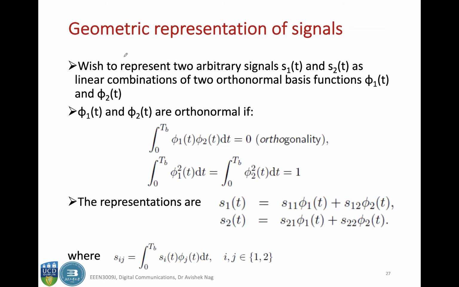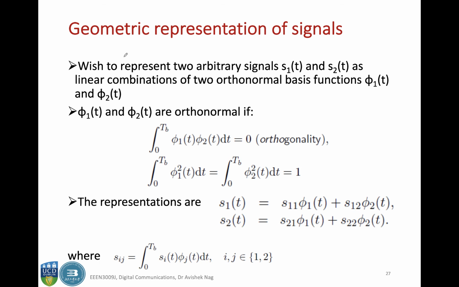Now let's focus on the binary digital communication scenario where we had two signals s1(t) and s2(t). Let's consider any two arbitrary signals s1(t) and s2(t). You saw in case of binary amplitude shift keying, s1(t) is 0 and s2(t) is V sin(2π fc t).